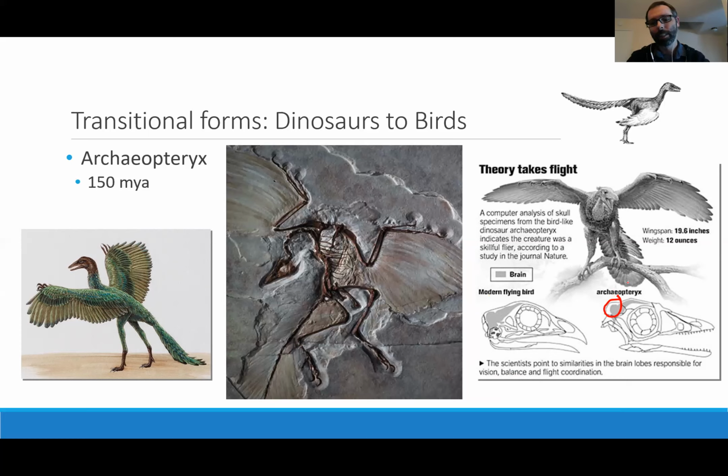The MRI of the skull shows that there's a spot for this bump. Now, it doesn't prove that the Archaeopteryx could fly, but it does show that the Archaeopteryx had a brain that was similar to the brain of a bird that can fly, right?